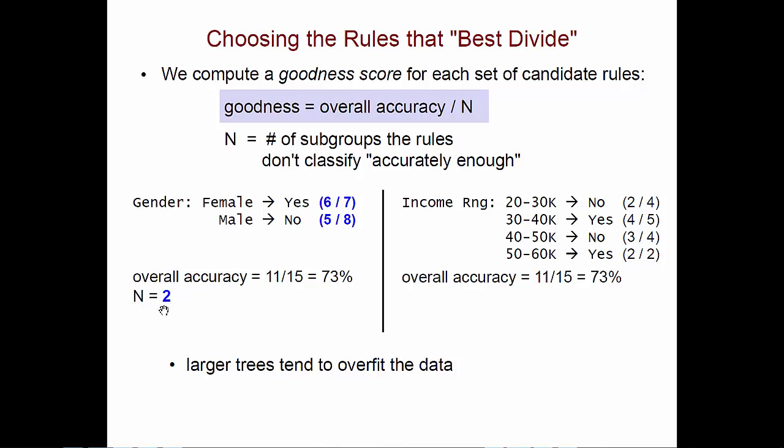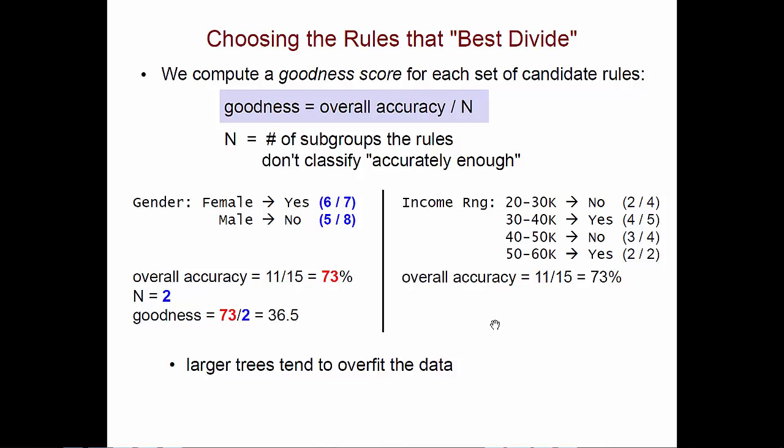Therefore, our n value is 2 because we have two subgroups that the rules do not classify perfectly. Now again, accurately enough can be defined differently in different contexts, but we're using perfection here just to make it simpler. And so if that's our number n, we're then going to divide the accuracy by n, and that gives us our goodness score, which in this case is 36.5.